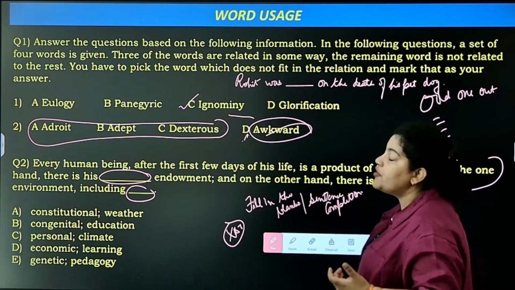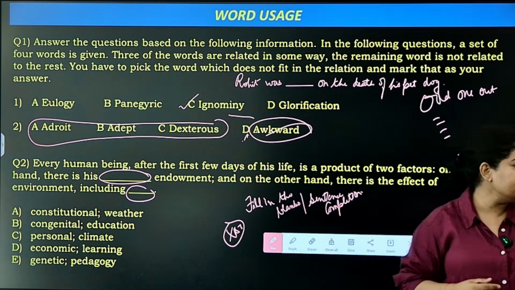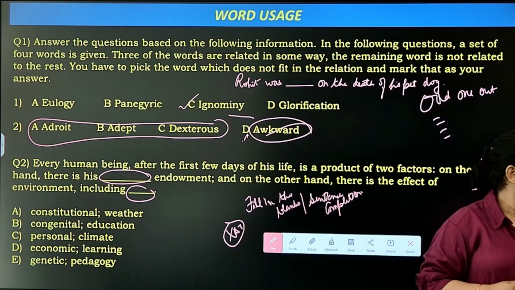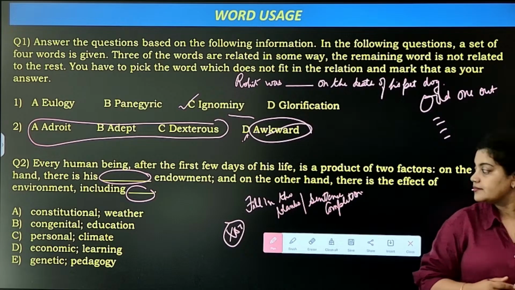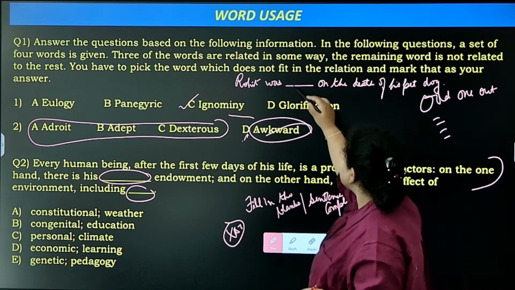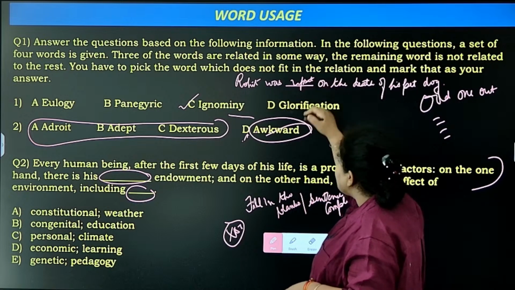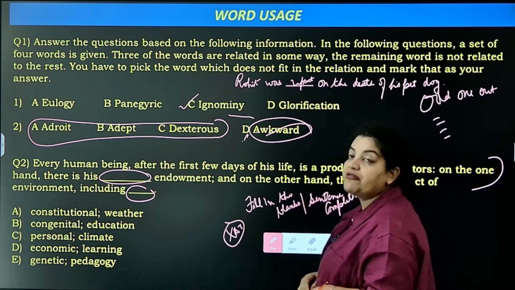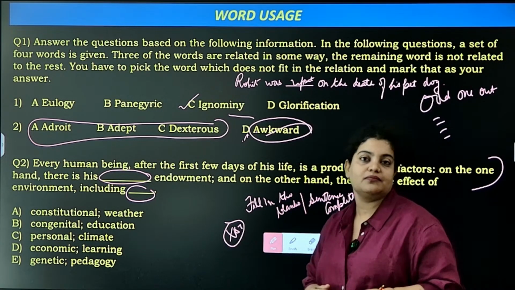So what kind of word do you believe can fit this particular sentence? Rohit was dash on the death of his pet dog. What do you believe could fit in this sentence? Rohit was upset. Yes. Okay. Sad. Right? How do you know that the word upset or sad should come here?